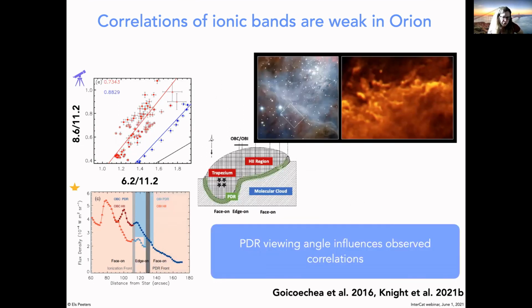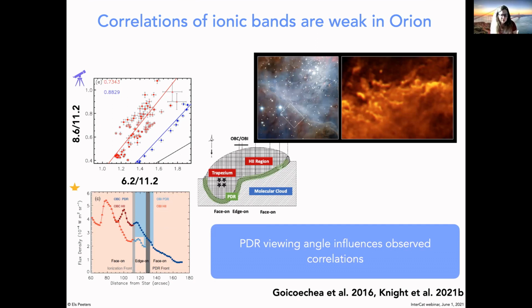So the only way where we can have a very nice correlation between the two is if you take the edge-on PDR separately for one particular slit. And so then that is colored in blue. You can see that we have a very nice correlation. We still have some scatter in the red points, but the red points now are a mixture.